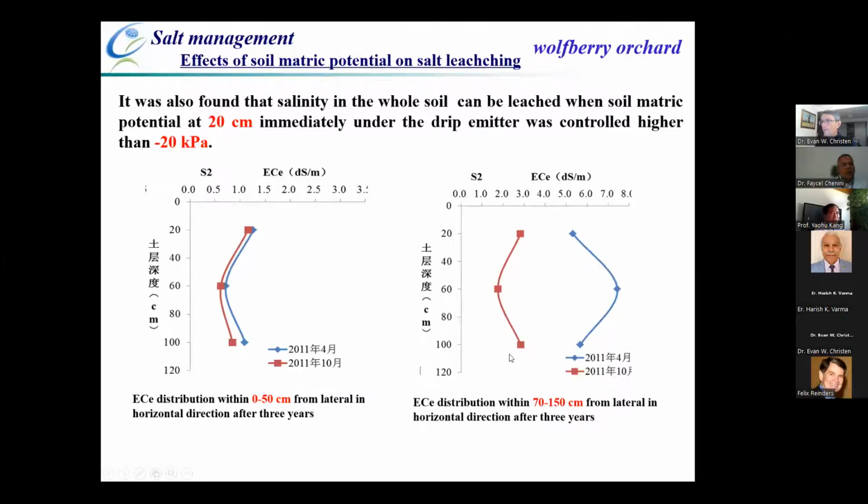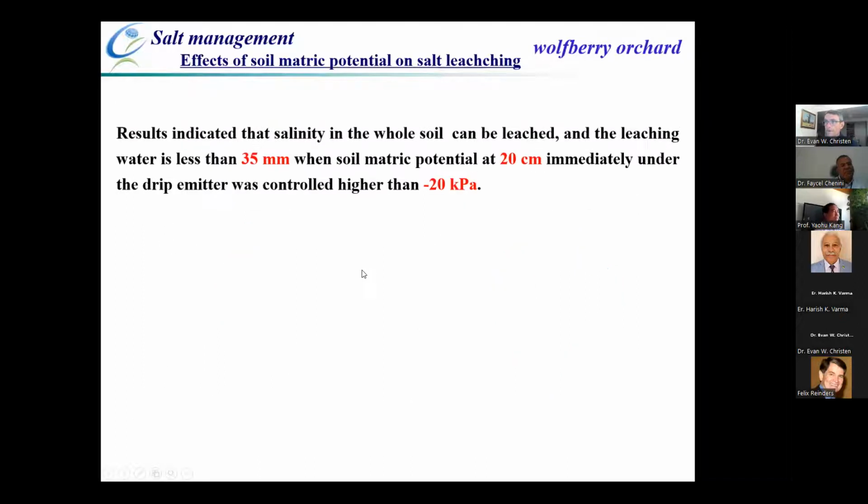This is after. You see, there is no salt leaching where. So the results also indicated that the salinity in the whole soil can be leached. For the cotton, the water leaching depth is usually less than 20 millimeter.